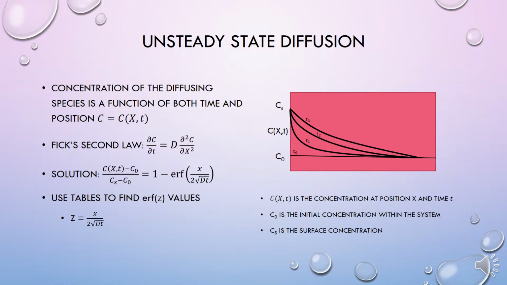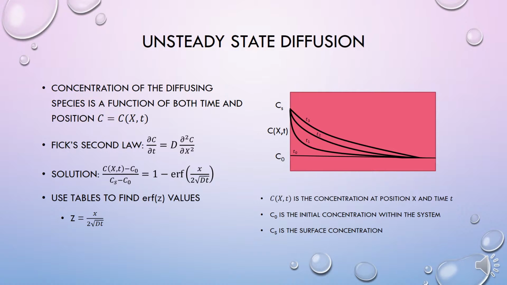The second type of diffusion is unsteady state diffusion. Unsteady state diffusion is diffusion in which the concentration is dependent on both location and time. This is represented by Fick's second law. The solution to Fick's second law has the error function in it.